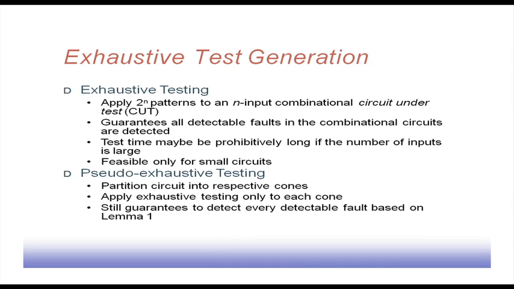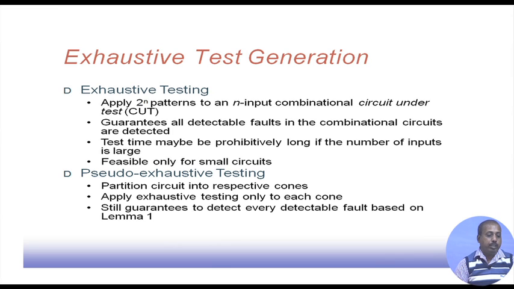This is exhaustive testing. It guarantees that all detectable faults in the combinational circuit are detected, because no more patterns can be applied. Any test pattern set is a subset of this 2 power n.